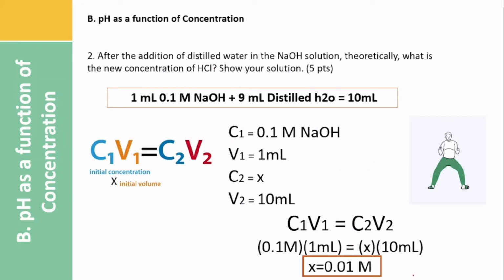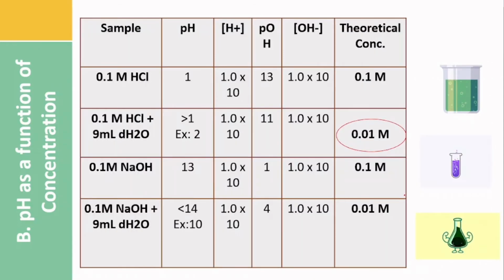And then, that would be our final answer. Okay, kindly check. Hence, we have our theoretical concentration of 0.01 molar for your 0.1 molar hydrochloric acid and 9 ml distilled water, same sila. And then kapag 0.1 molar sodium hydroxide solution and 9 ml distilled water, same lang din po. Okay?